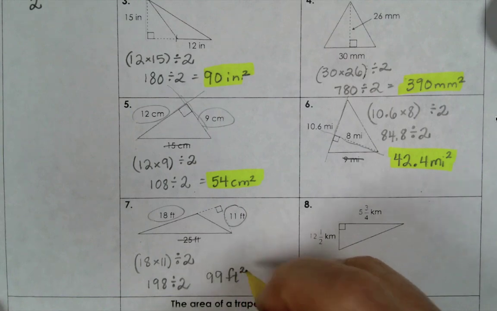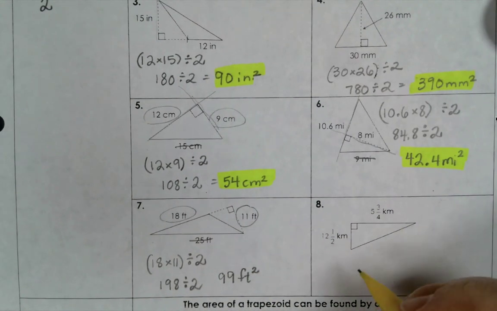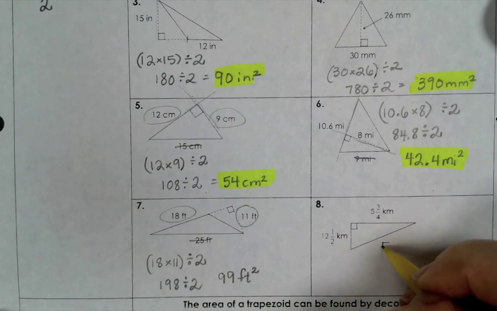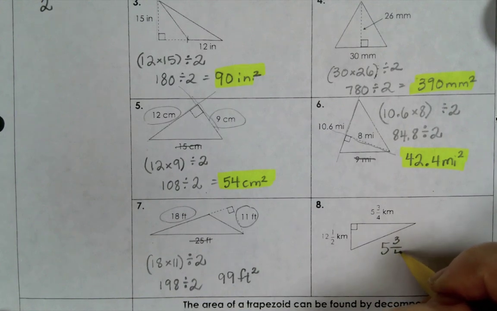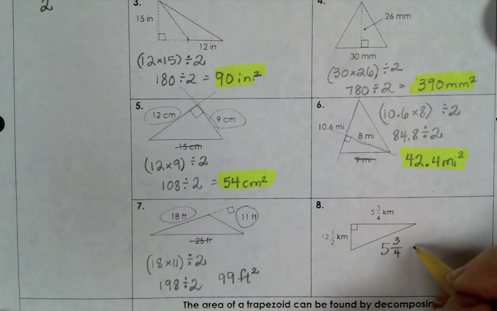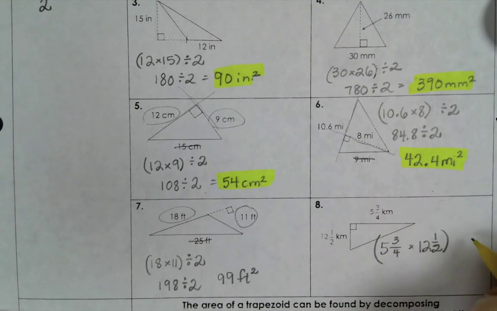Base and height, 5 3/4 times 12 1/2 divided by 2.